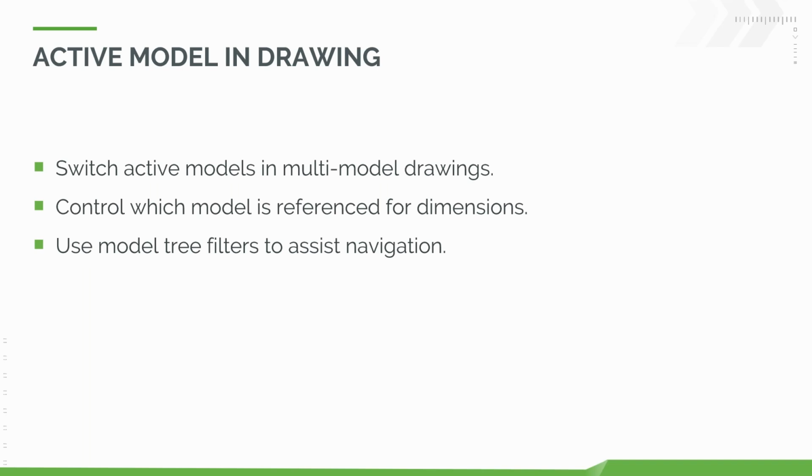Okay, when we're doing that and trying to create those drawings, there is the concept of what is called the active model. So if at any point in time we're trying to create a new view, no matter what sheet we're on, we might need to know what view we're going to create. Okay, so there are indications in the model tree that show us this once we have those sort of drawings.